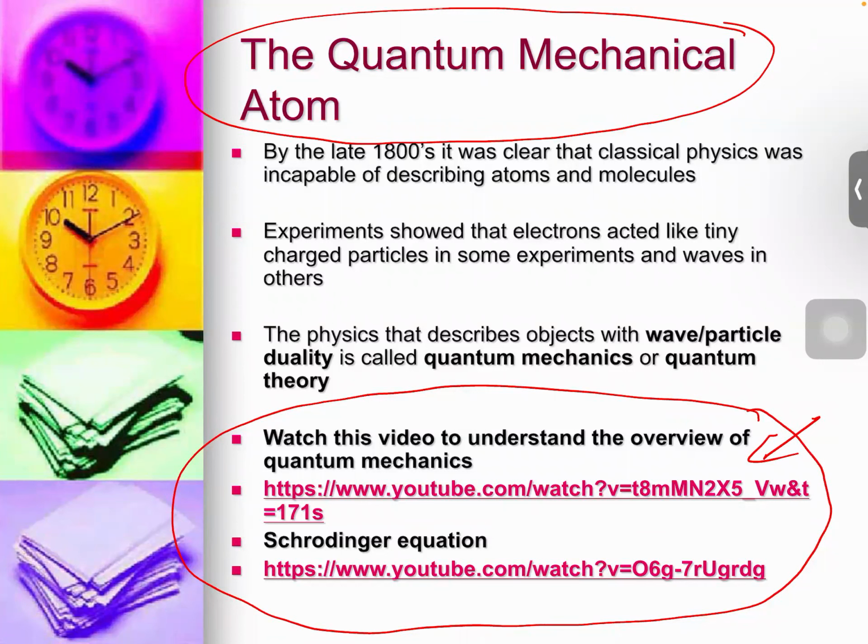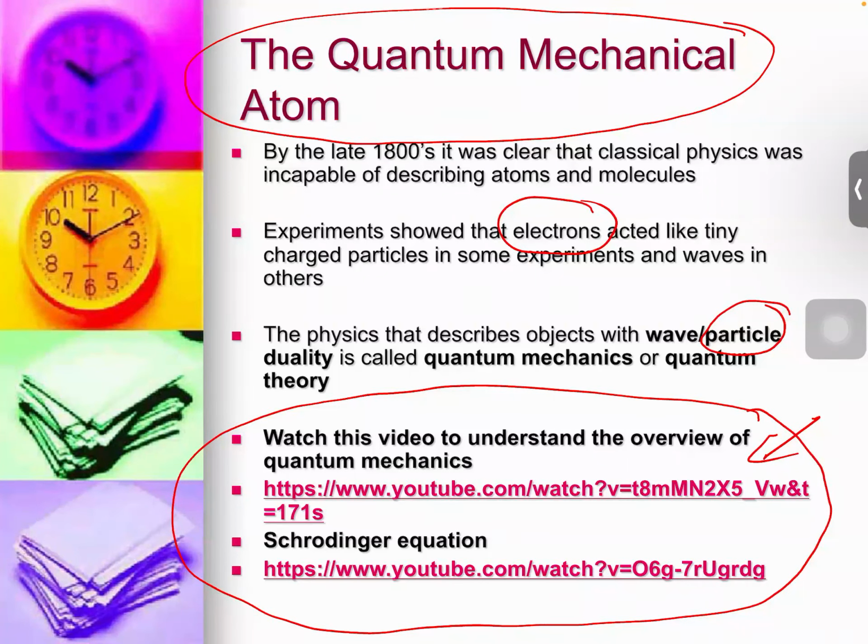When we talk about quantum mechanics, I prefer to say quantum chemistry. We are referring more to electrons. Before this, scientists understood that electrons behave like particles. When we talk about particles, it means that the electron has mass, and you can see their movements, just like big particles like us humans, like the balls just now.